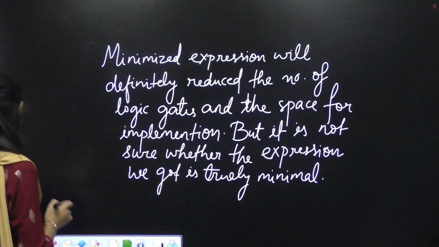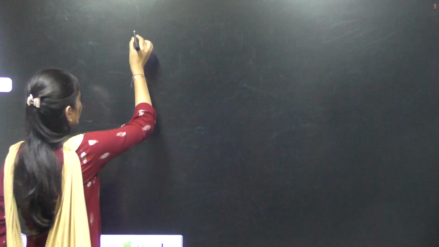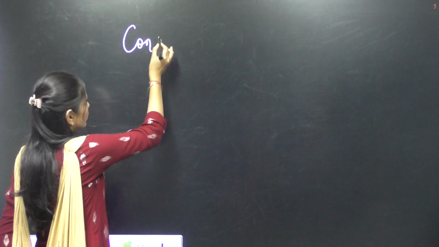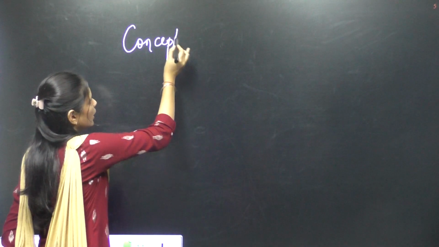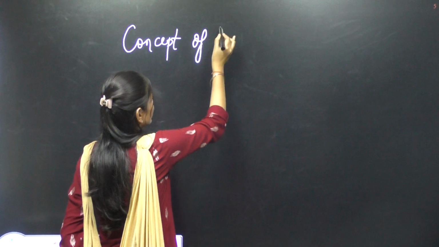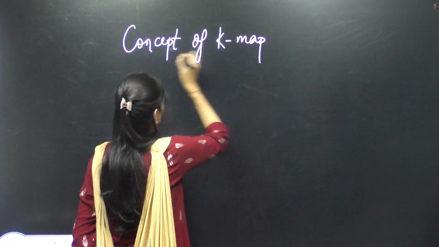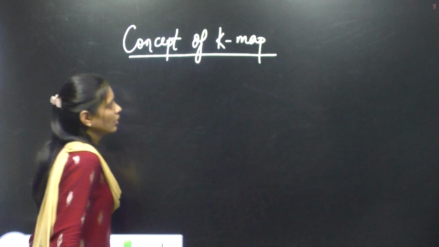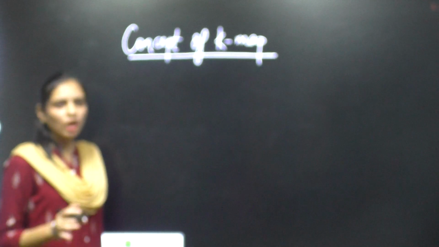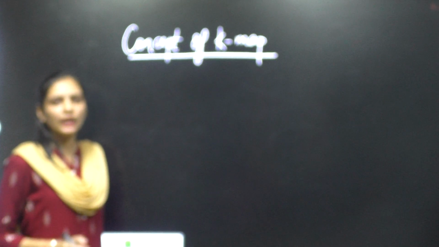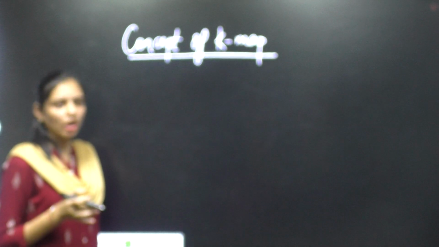So there comes the concept of K-map. In minimizing the Boolean expression, we are not confirmed whether the expression we are getting is the minimum or not.